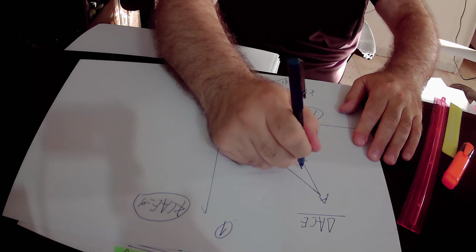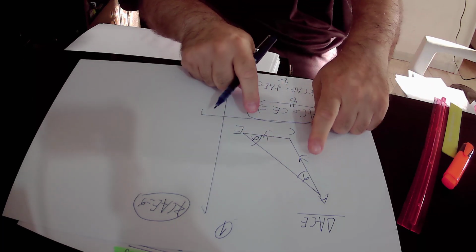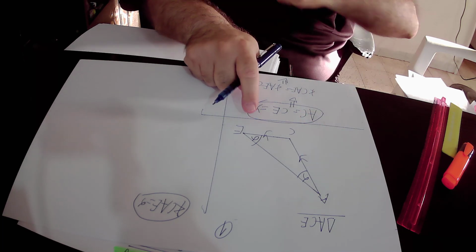So those two angles are both equal to alpha.